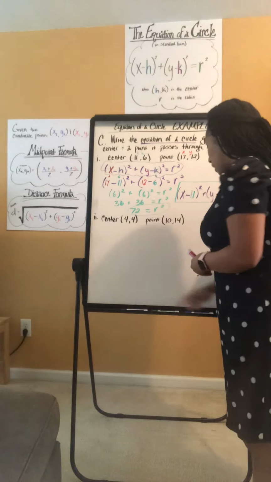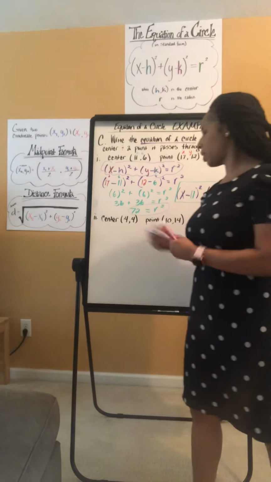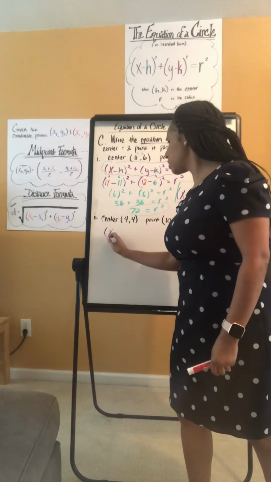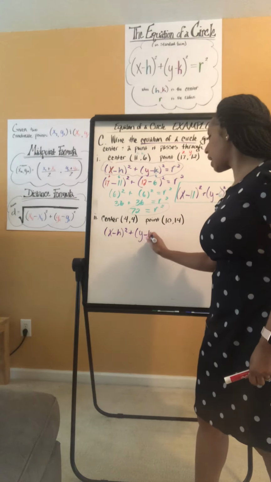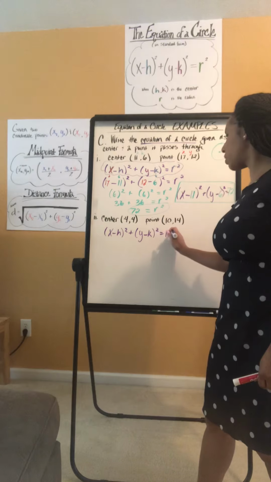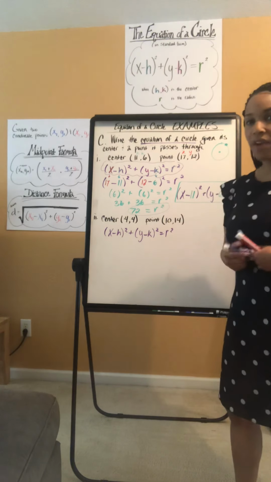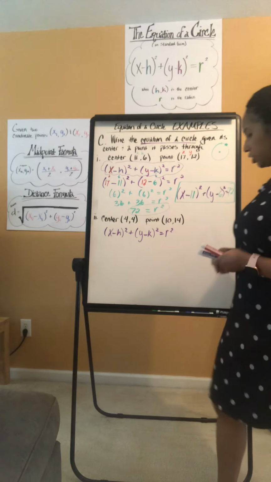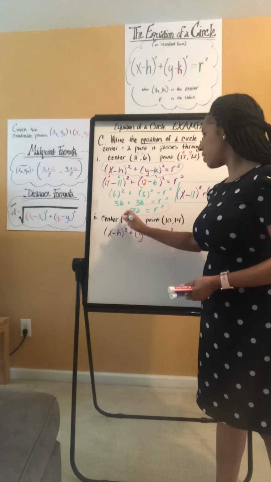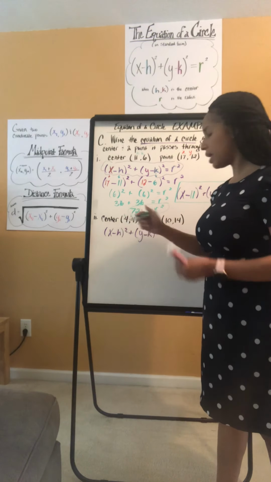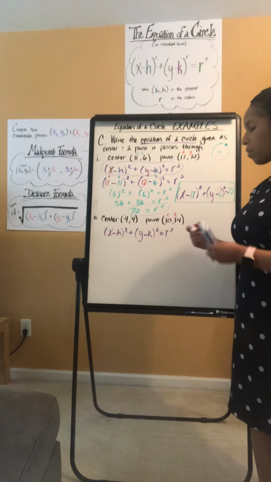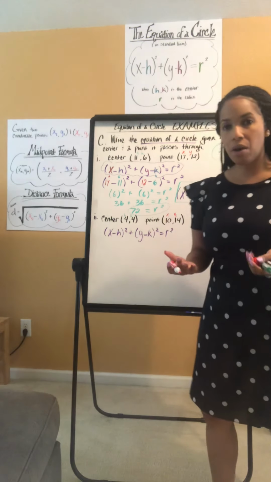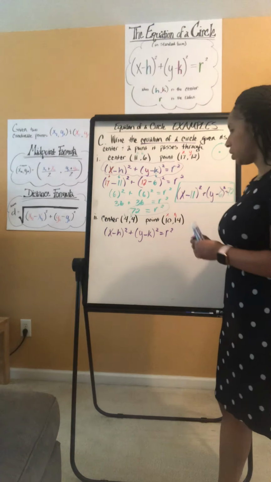But we're going to do example C2. Again, I like to write the formula first. (x minus h) squared plus (y minus k) squared equals r squared. Our goal here is to find r squared so we can write the equation. I've been given my h, my k, and a point on the circle that is my x and my y. I will fill in what I know to find out what I don't.